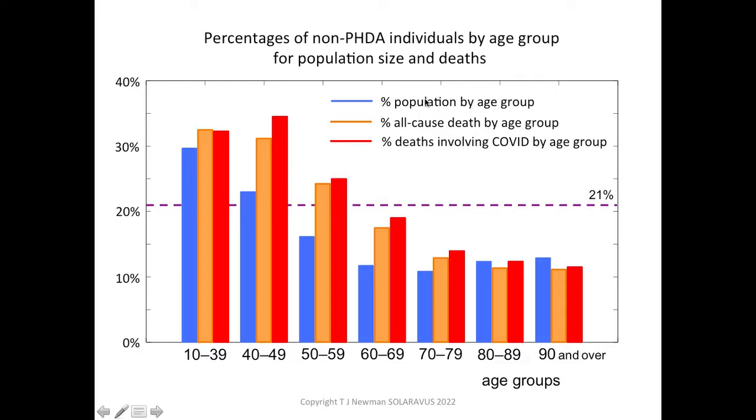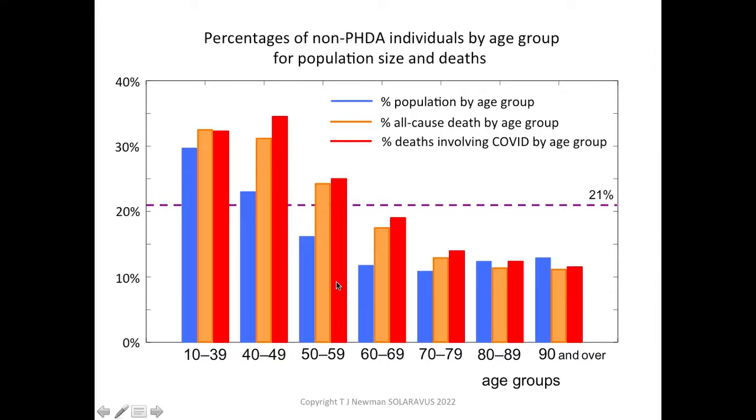We're now only looking at the non-PHDA individuals, the 10 million not included in the official statistics, and within each age group, what percentage are in the non-PHDA versus the PHDA. You can see that in the very young we have over 21%, and slightly over 21% in the 40s, and then below that, so again a younger group.